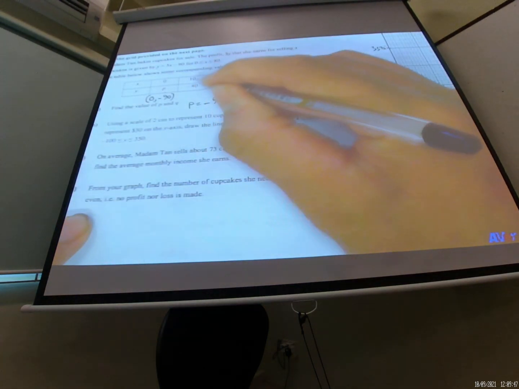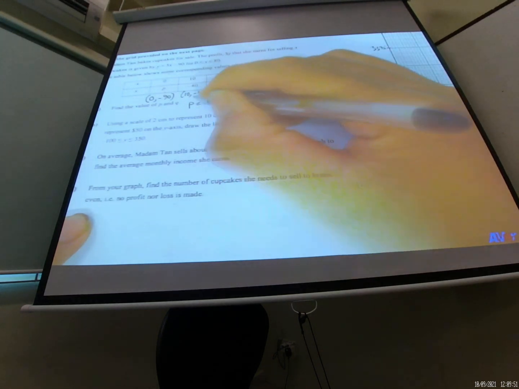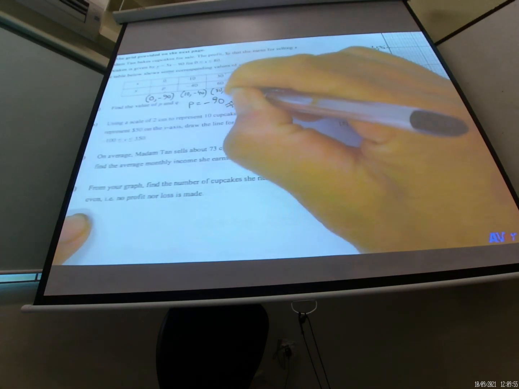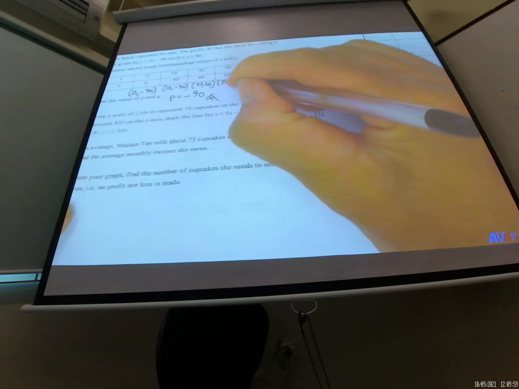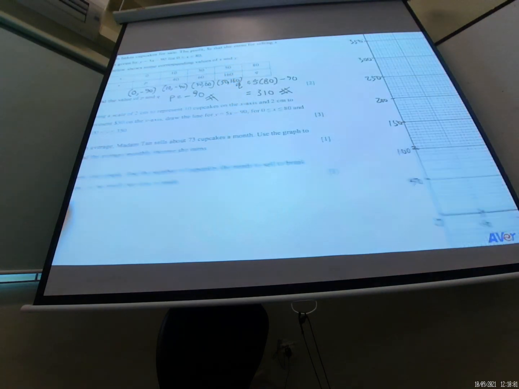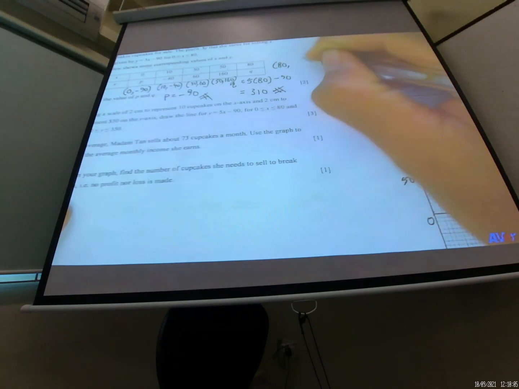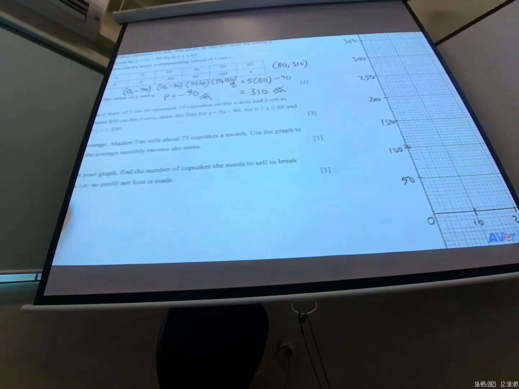When x equals 10, y is negative 40. This gives us another plotting point. When x is 30, y is 60. When x is 50, y is 160, one more plotting point. And the last one, when x equals 80, y is 310, one more plotting point.